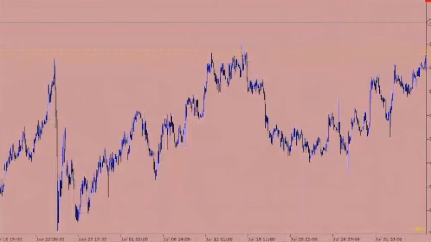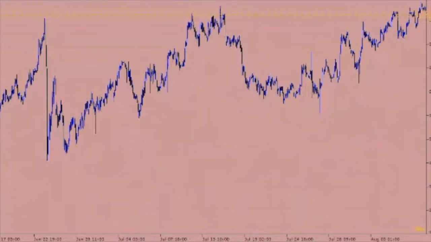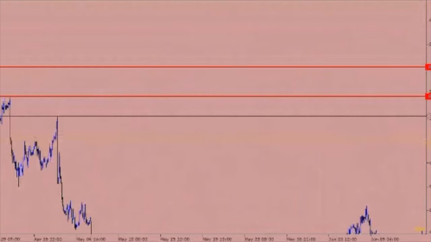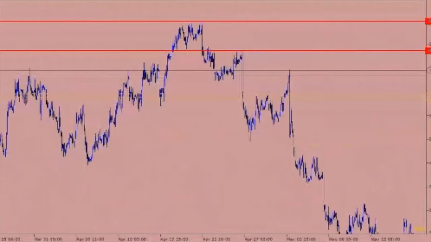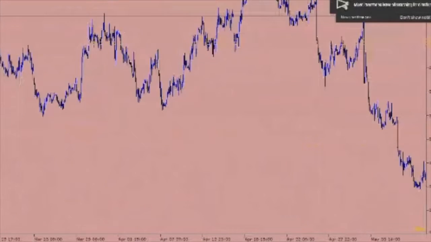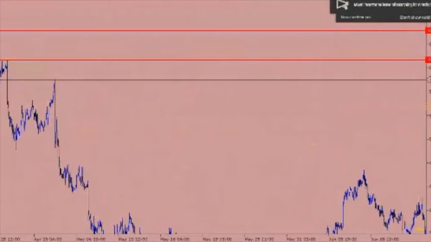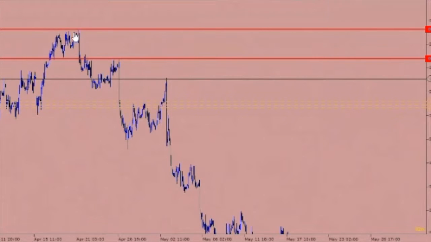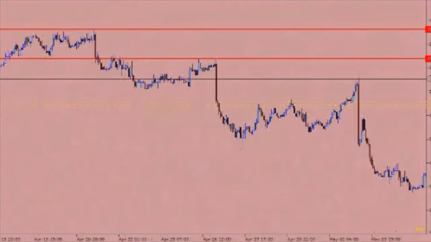Where did it go? I just had it up there. Right, yep, right here. Perfect. We can see right here, back in March, the pair was trending. We see it break.